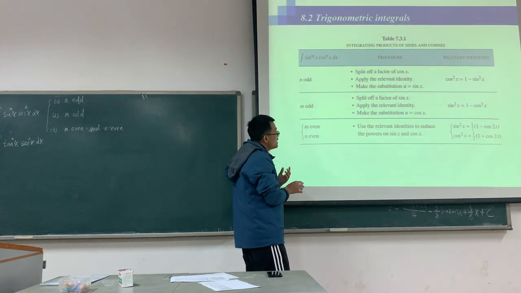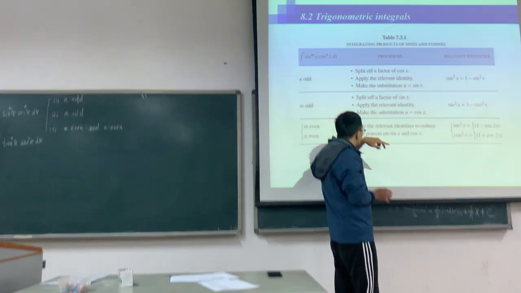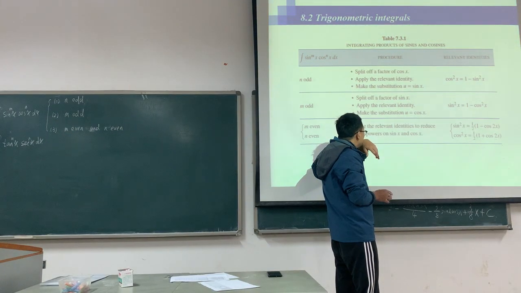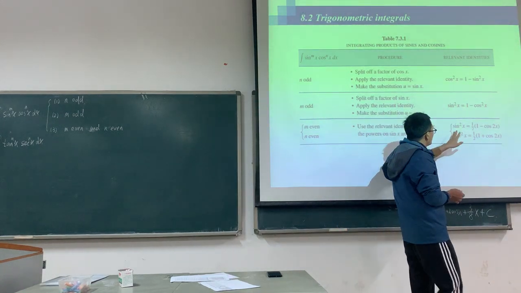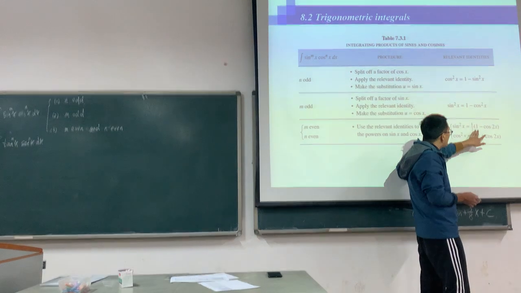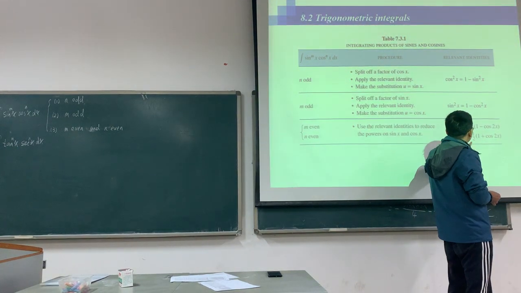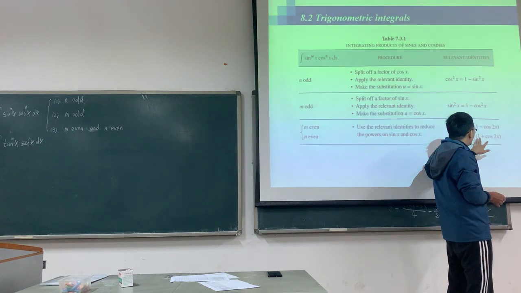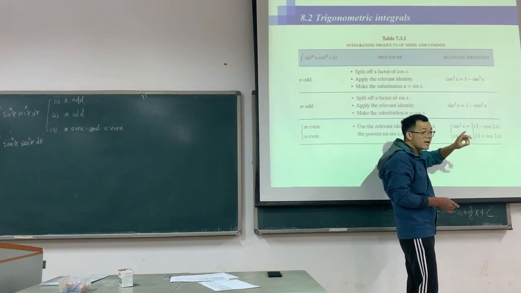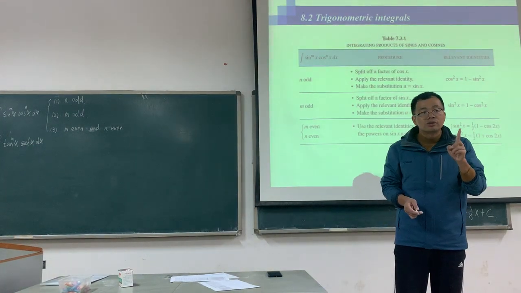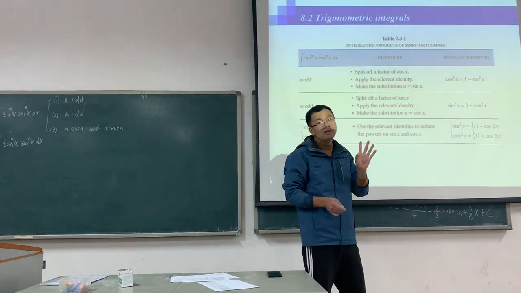If m is even and n is even, we use the relevant identities to reduce the powers on sin and cosine: sin squared equals (1 minus cosine 2x)/2 and cosine squared equals (1 plus cosine 2x)/2. We can use these formulas to reduce the powers on sin and cosine.